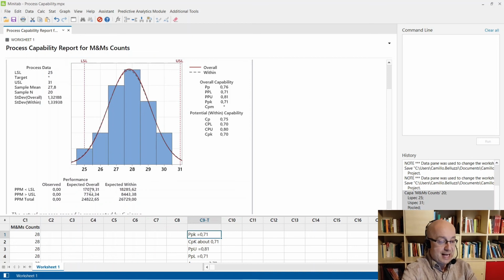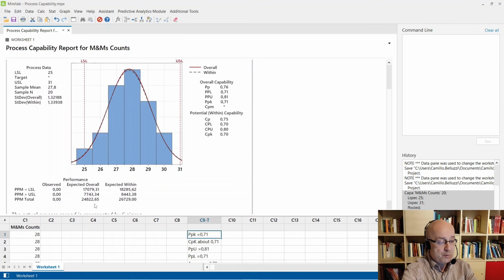7,743 units outside of the upper specification limit, so more or less 8,000 bags per million above the upper specification limit. So the upper specification limit is here, so we have the values that will be outside on this side, so higher than the upper specification limit.